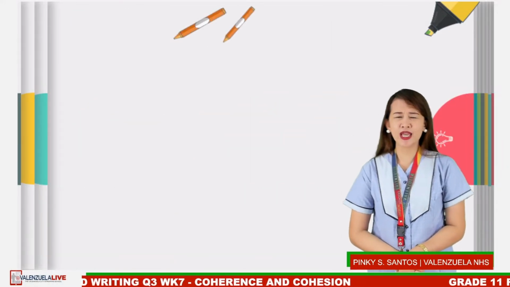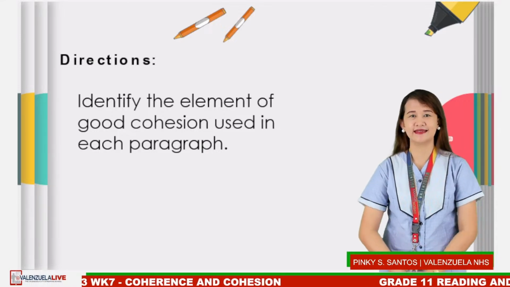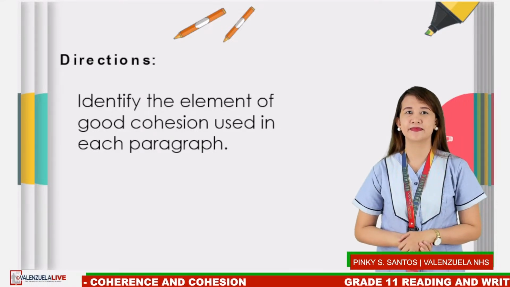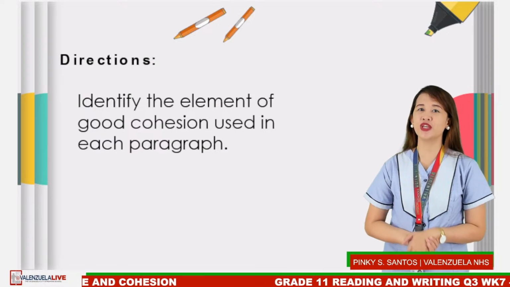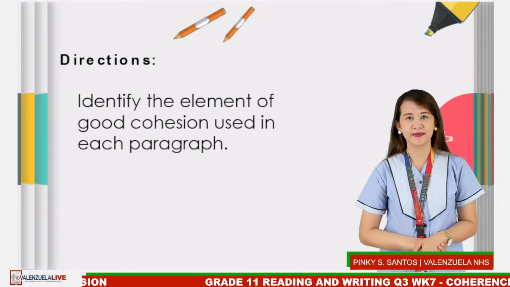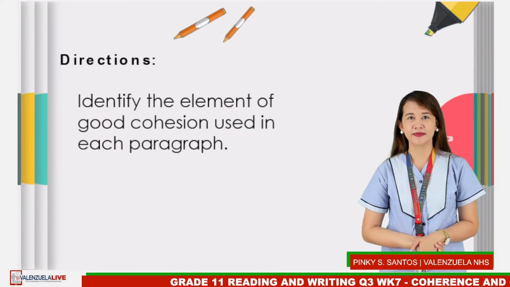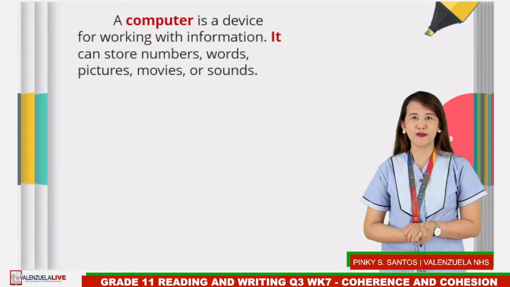Now, let's check what you have learned. Let's have a short activity. Directions: Identify the element of good cohesion used in each paragraph. A computer is a device for working with information.